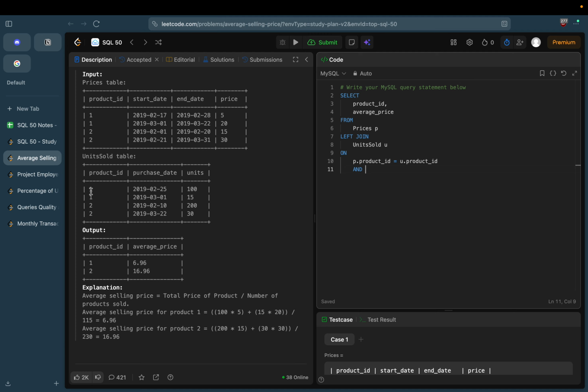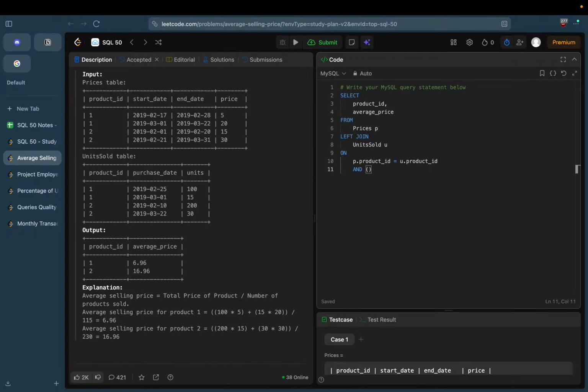which particular row of the unit sold table should match with which price to be considered. So for that, I won't be using a direct equals condition in join, rather I can use a between condition, that this date should lie between the ranges over here.